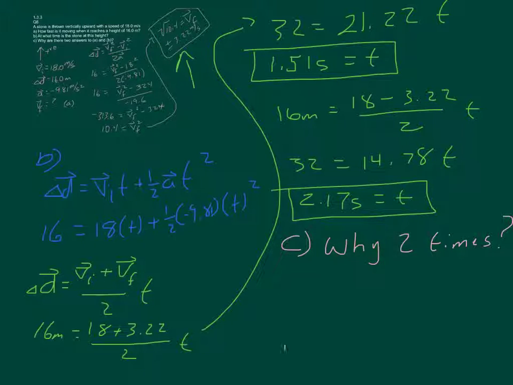If you throw the stone up in the air, and it comes back down, and this is a height of 16 meters, it's actually at 16 meters here at 1.5 seconds, and it's at 16 meters again here at 2.17 seconds. So that's why you would get two different times.